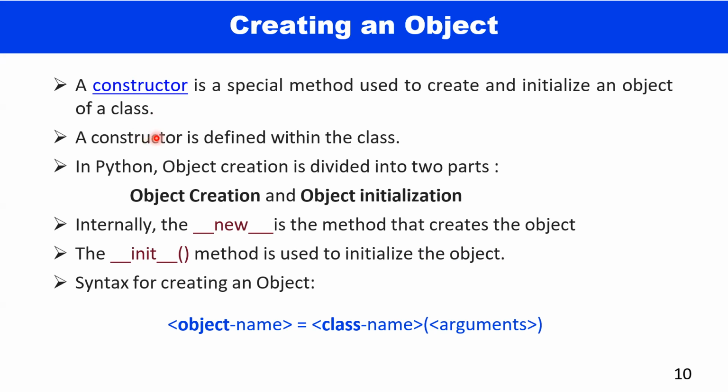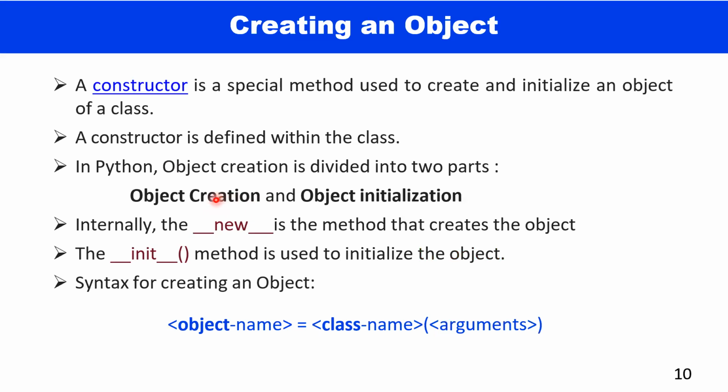And like methods, a constructor is also defined within the class itself. The object creation in this case includes both object creation as well as object initialization. Let's see how to create an object and how to initialize the object in the subsequent discussion.